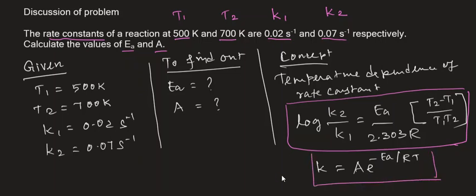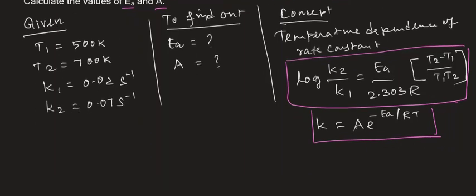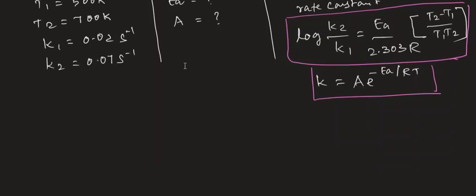We have to use this as a tool to solve this problem. Let us make use of the first formula to find out, not K, but the energy of activation, Ea.